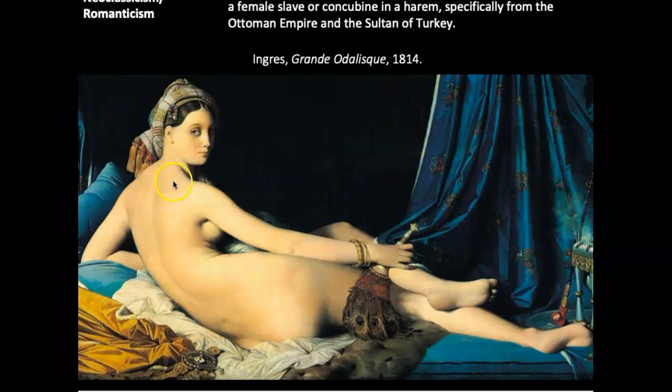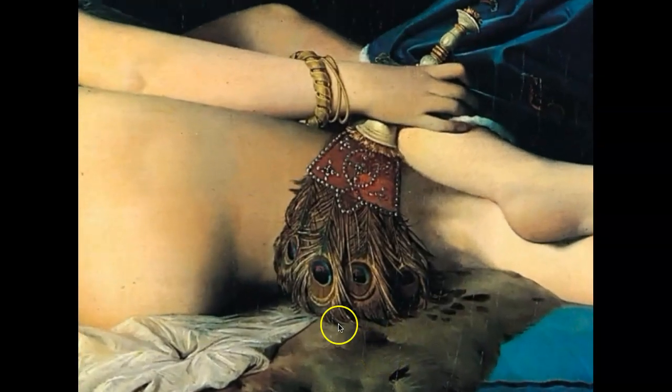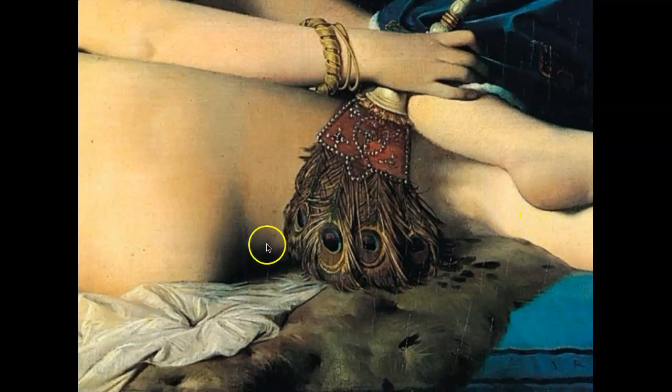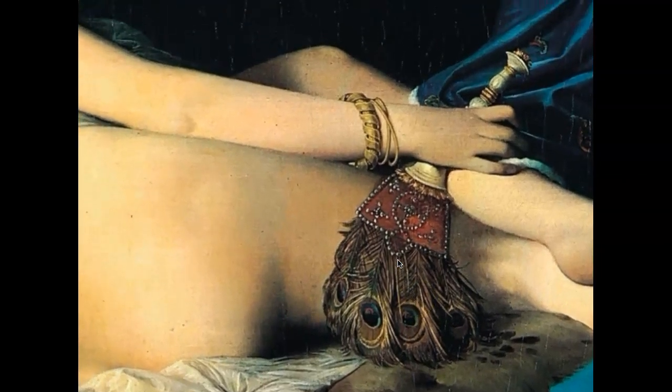It also makes it seem as if she's languid and waiting for you. She is completely naked. She holds in her hand a fan made of peacock feathers that is right there about to tickle her rump. So we get this kind of erotic tickling. Here, the fur also on her bare skin. Ooh la la. Oh my goodness.